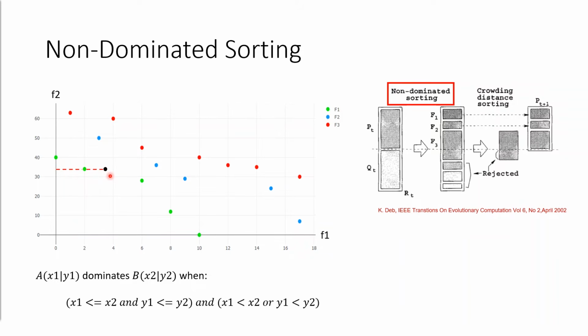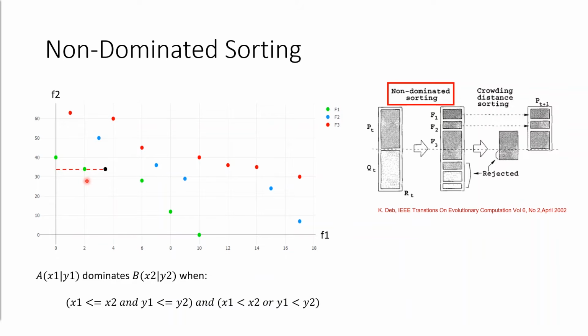As I mentioned before, the values for F1 and F2 are smaller or equal than the ones of the point on the right. In this case, not both parameters are better, but one of them is. So the F1 value is better than the value from the point on the right. Therefore, this point would dominate the neighbor point as well.